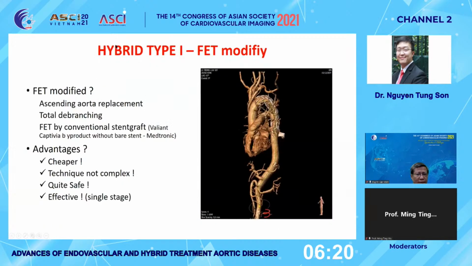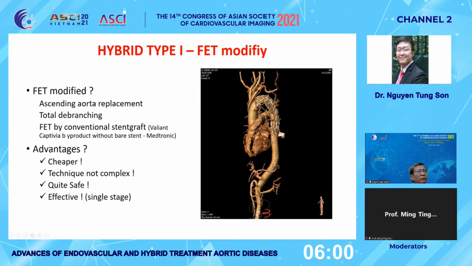And sometimes I use the hybrid style, you know, the fast modify. Only the aortic replacement. After that, the total rebranching for the supra-aortic vessels. And after that, when I open a hole from the aorta, I put the stent.